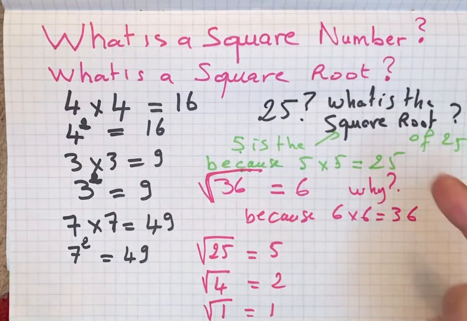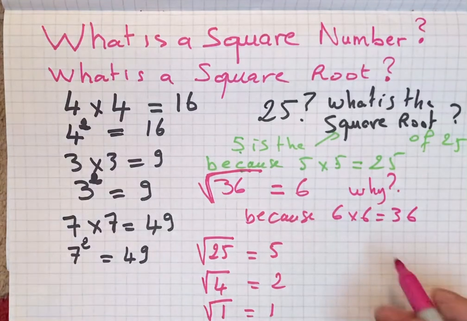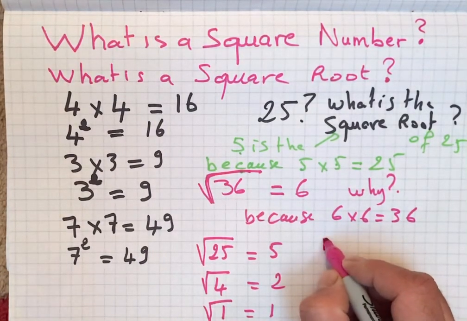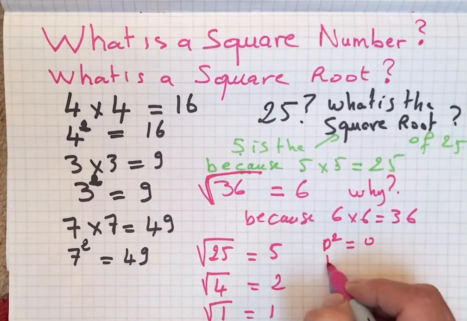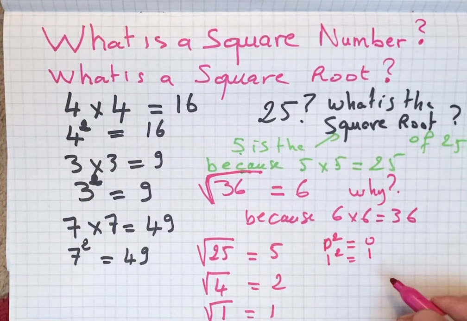To learn the easy ones, square roots, we have to learn the table from 1 to 12, multiplying each number by itself. So, do it with me. We'll start with 0. 0 squared equals 0. 1 squared equals 1. Are you with me?